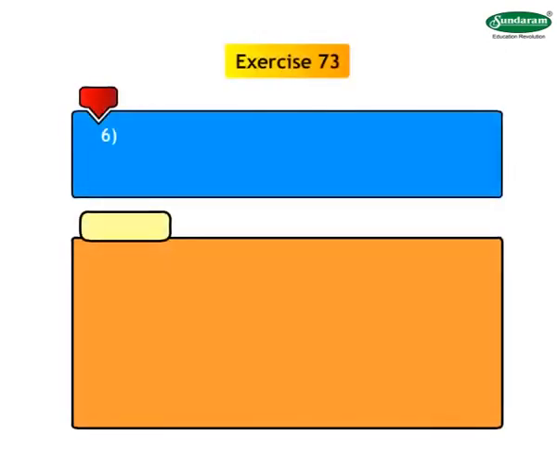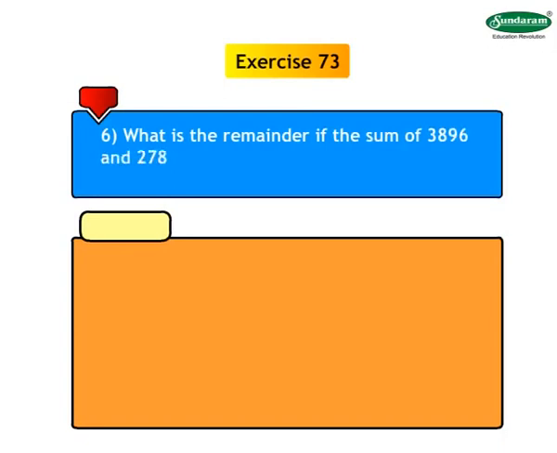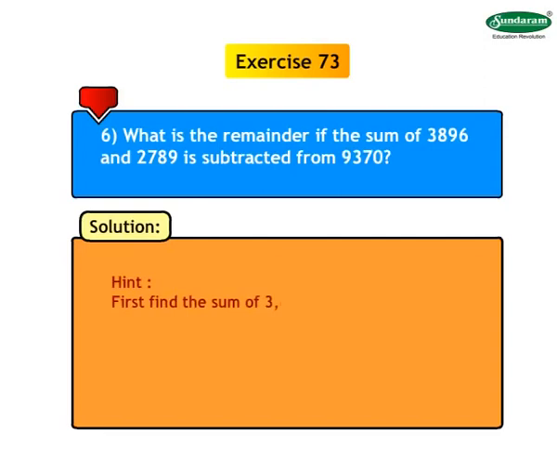6. What is the remainder if the sum of 3,896 and 2,789 is subtracted from 9,370? Solution. Hint. First, find the sum of 3,896 and 2,789.